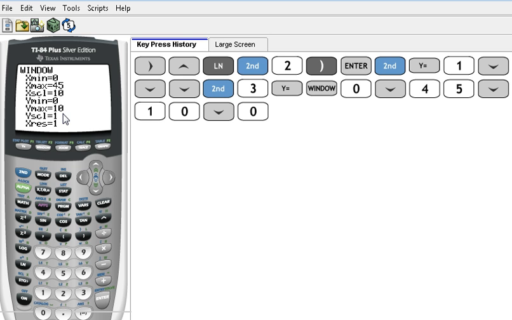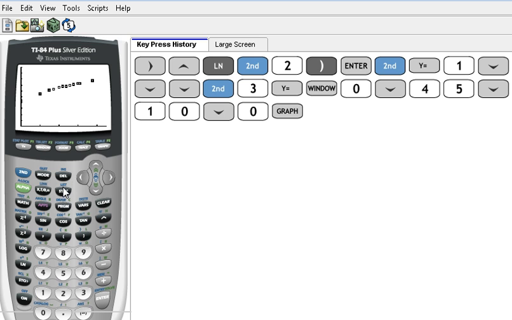At this point, I think we're ready to graph the scatter plot, so I'll press graph. And the data does appear to be quite linear. So we'll proceed with the assumption that the L1 versus L2 data is exponential, and we'll find the linear regression equation for L1 versus L3.